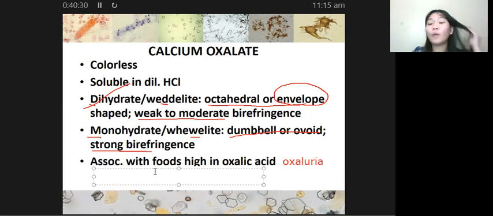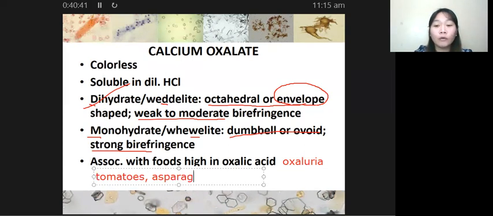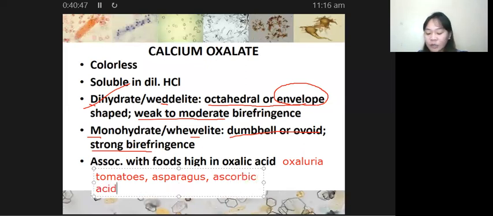So what are examples, class, of foods which are high in oxalic acid? We have tomatoes, asparagus, and the vitamin ascorbic acid. So tomatoes, asparagus, and ascorbic acid.